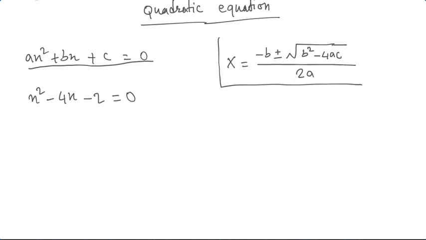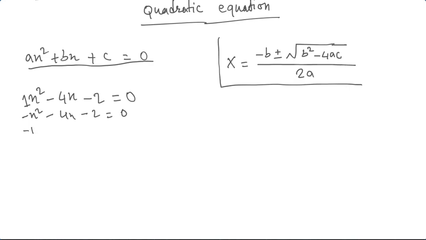Here we have to know a, b and c. Here a is just 1, for x squared. We have to understand that there is a 1 in front of x squared, and there is no sign, which means we understand it as positive 1. If there was, for example, minus x squared minus 4x, in this condition a would be minus 1.